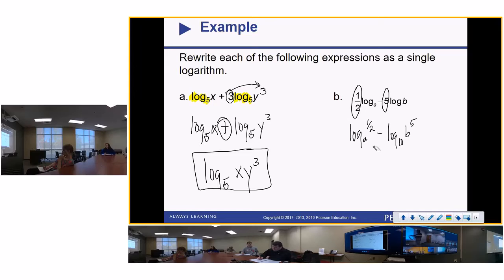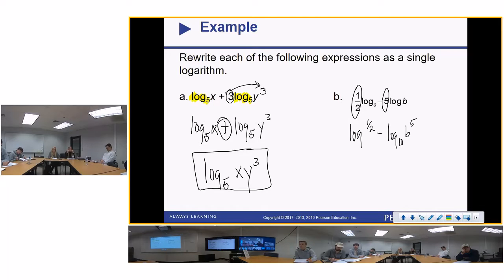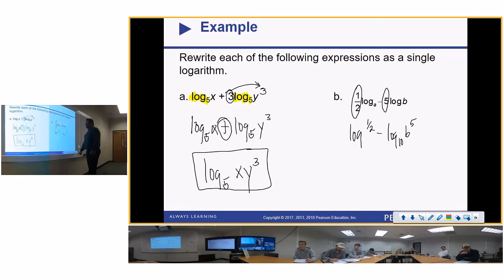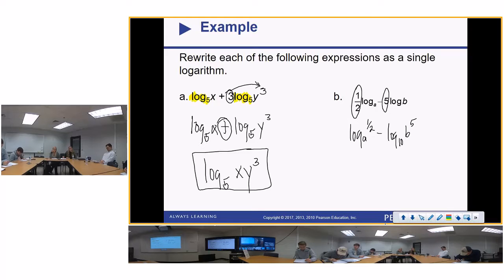Where did you get 10? Wait. What did I say in the previous slides? If nothing's there, it's assumed to be what? So like the A right there? Oh, okay.